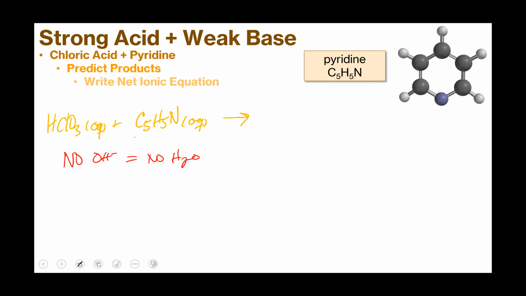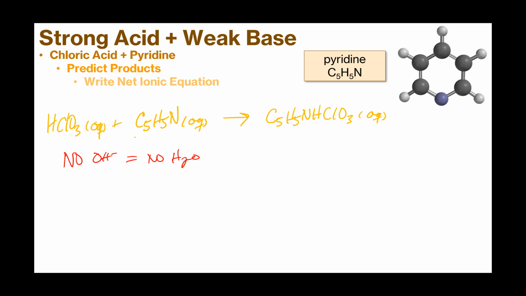Well, the two things react with each other and make a new ionic compound. I know this is going to be crazy. Okay. That's essentially the two things smushed together. C5H5NH ClO3, aqueous. You're like, what? Okay. That's what happens. The two things get smushed together.